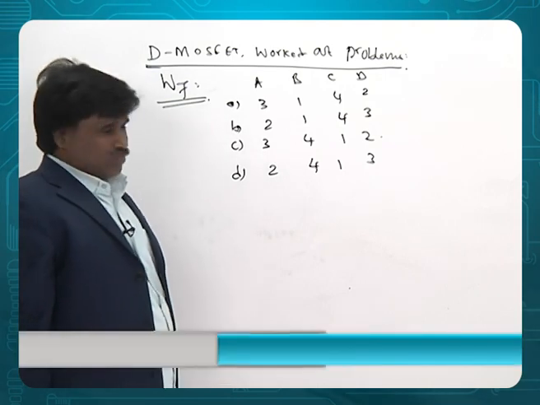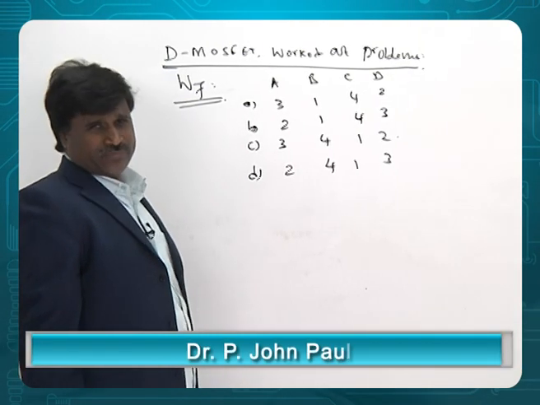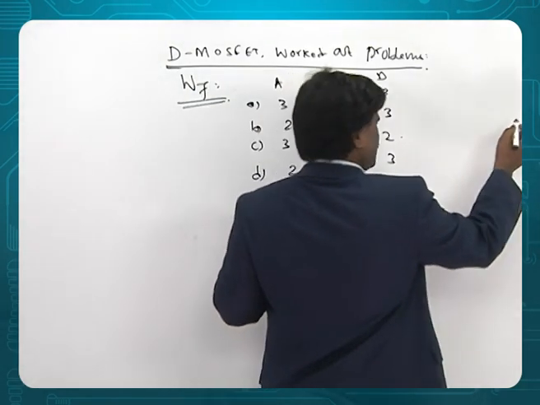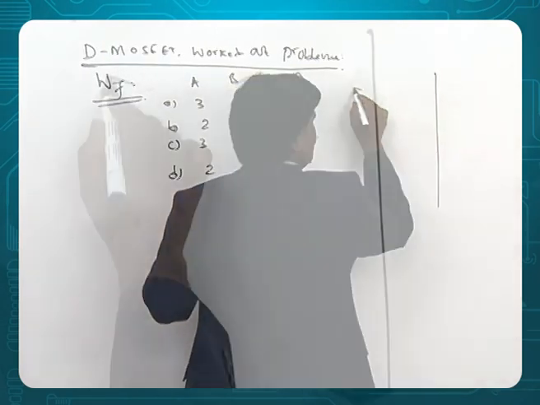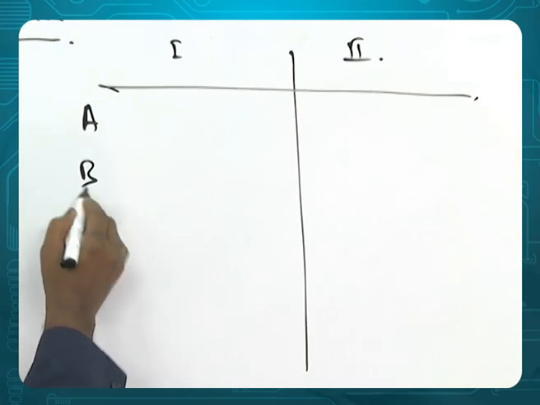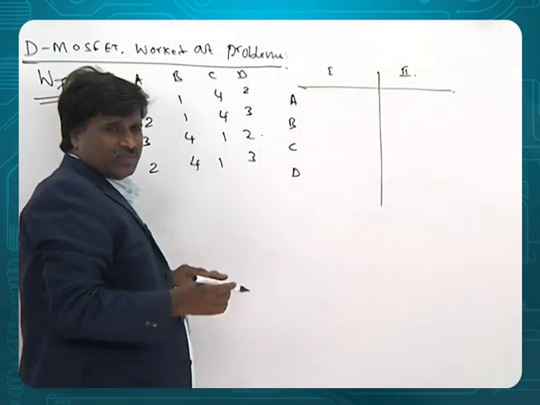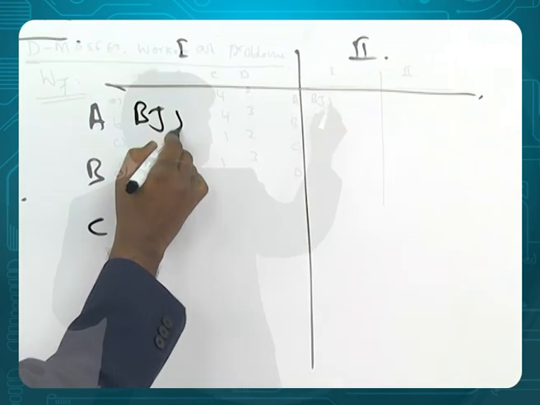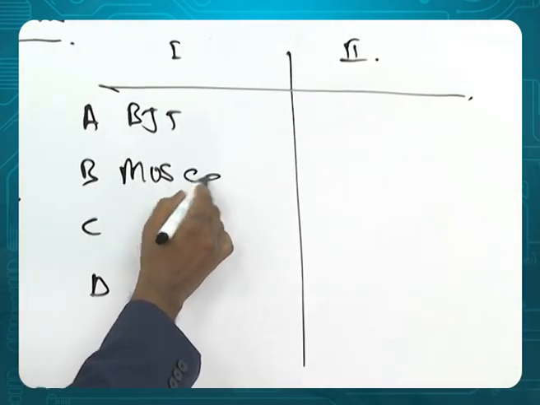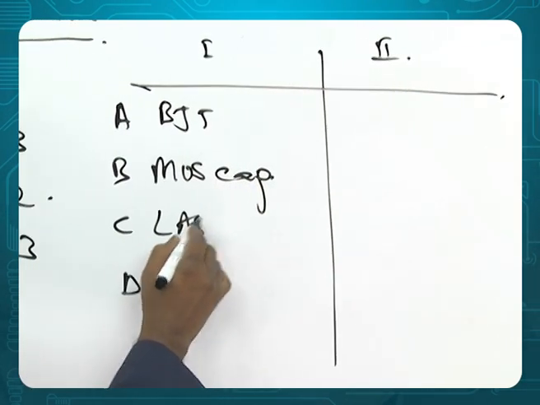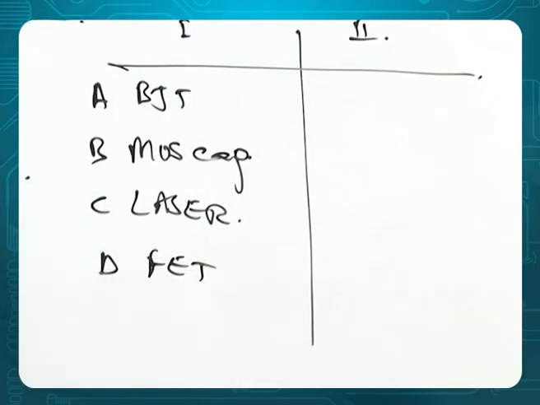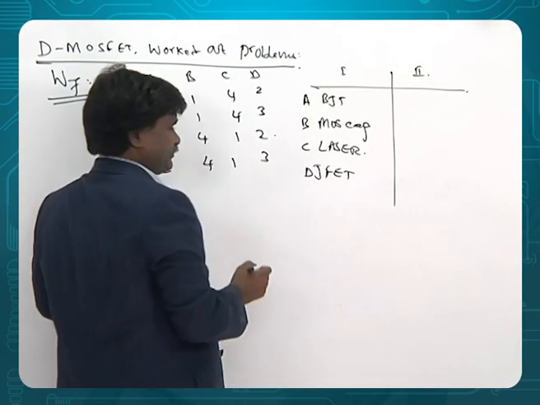Because in matching, whatever you know clearly, finish it off. For example, what we know in this is list 1, list 2. A, B, C, D he said. First he says BJT. Second he says MOS capacitor. Third he says laser. Fourth he says JFET.